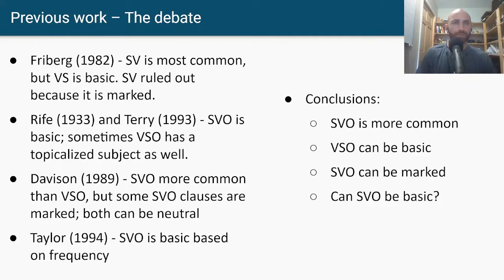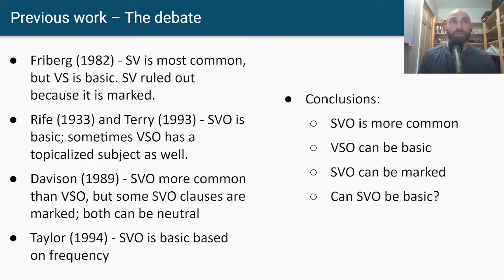But if you look at some of the linguistic studies that have been done on it since the early 80s, there is quite a bit of variation or disagreement in the field. So we can start with Freiberg in 1982. Basically, the conclusion from the study was that SVO is the most common, but VSO is basic.